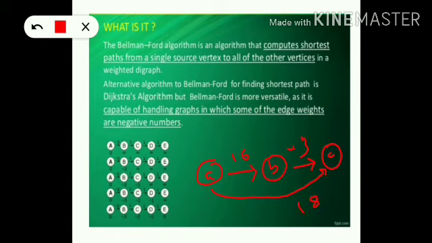Dijkstra's algorithm, when used to find the shortest path from A to C, gives us a value 18. But the shortest path from A to B and then B to C can be given as 16 minus 3, that is equal to 13. So this is where Dijkstra's algorithm fails.